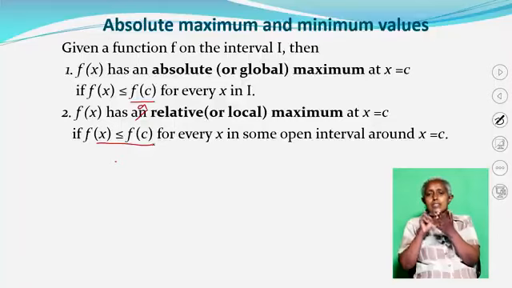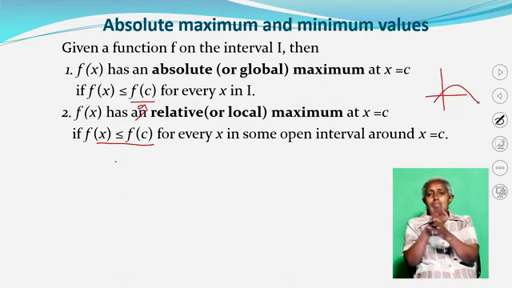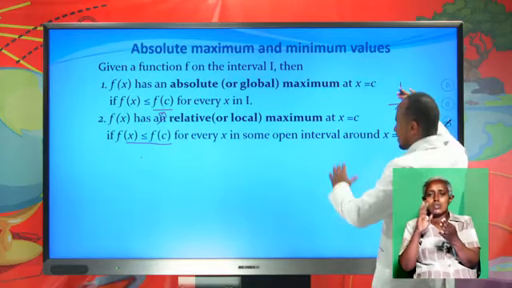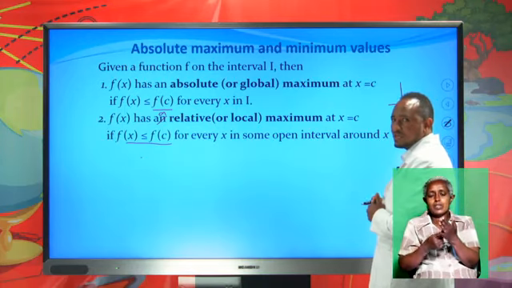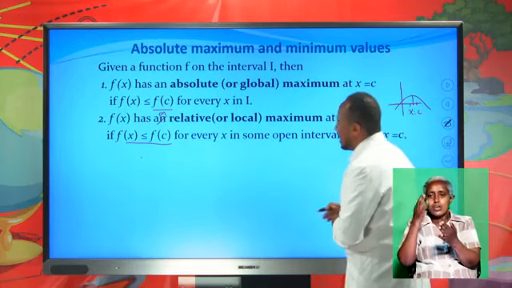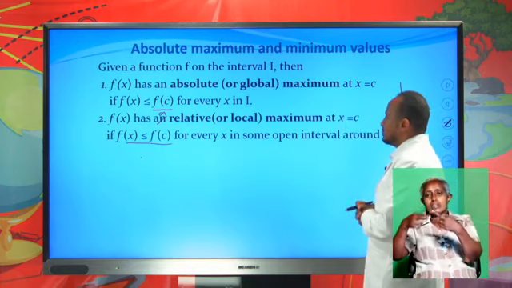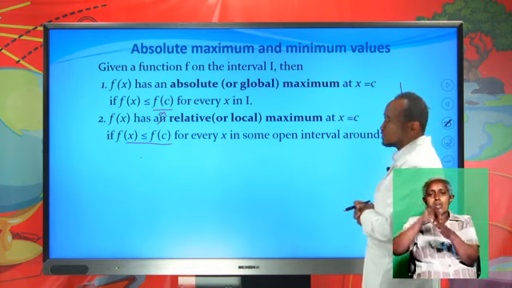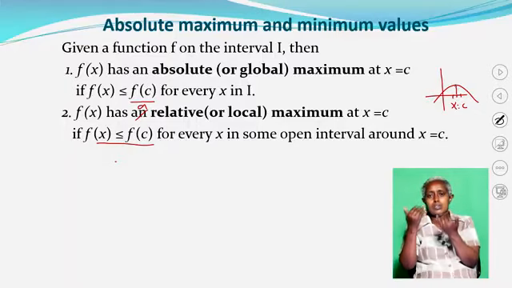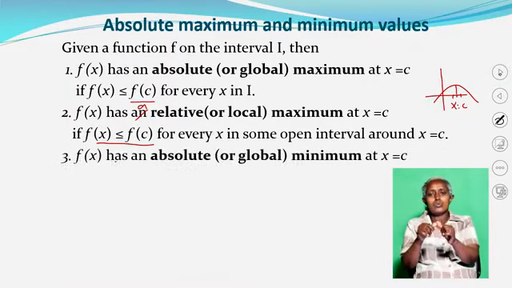This means that if you have such a function, and this is x equals c, for some open interval around c, f of c will be the maximum. So in that case, we say f of x has a relative maximum point at x equals c.